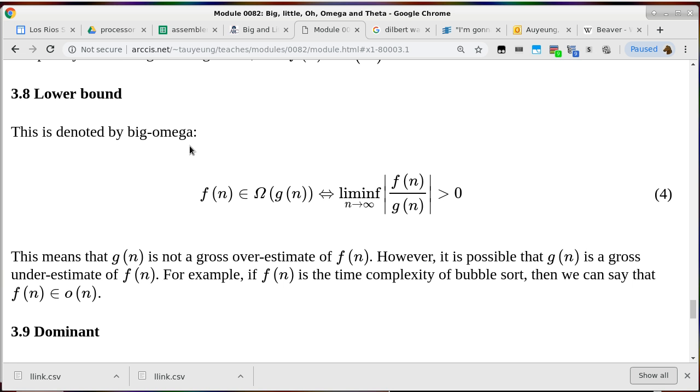It can be infinity, but it has to be greater than 0. So what it means is g of n is not a gross overestimate of f of n. Because if g of n is a gross overestimate of f of n, this will become 0. The fact that it is non-zero, that it is greater than 0, means it is not a gross overestimate.